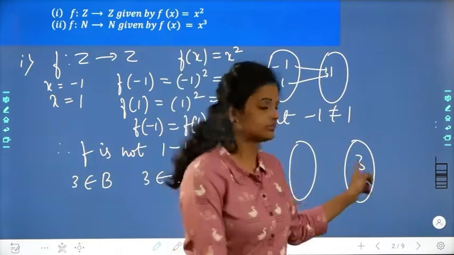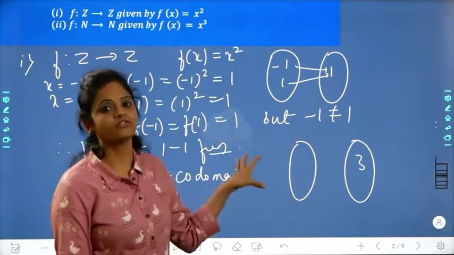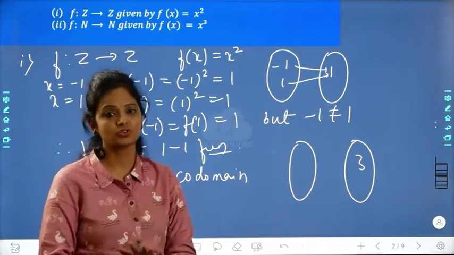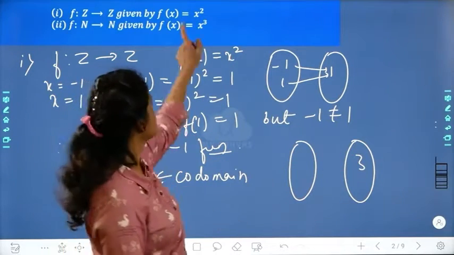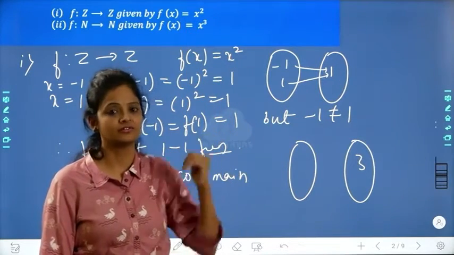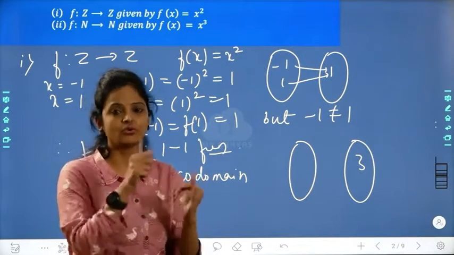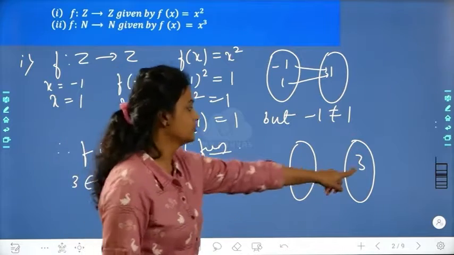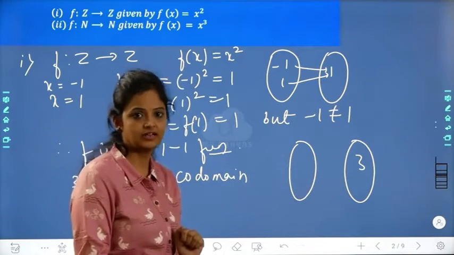If here I am getting 3, for what value of x will I get 3? Is it possible to get 3? Because the function is f of x is equal to x square, that means all the square values I will get on the other side: 1, 4, 9, 16 like that. Do I get 3, 5, 7 like that?